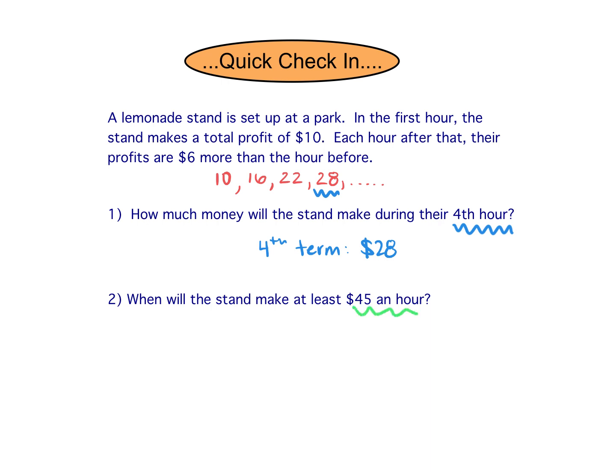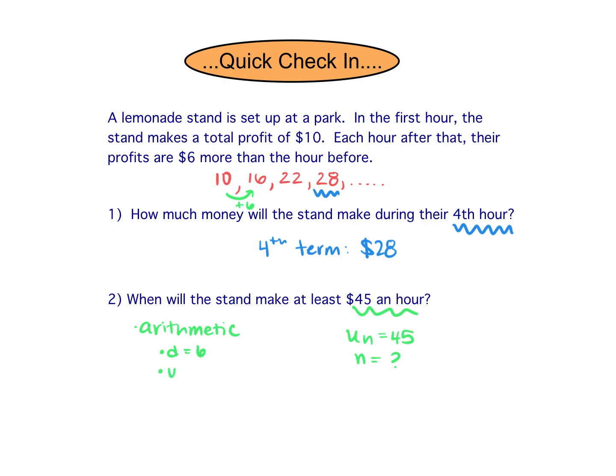I know that I want that specific term to be 45, but I don't know when that will be. I want to figure out n. So first I need to figure out what type of scenario this is. And since our pattern was adding 6, I know that this is an arithmetic scenario. And I know that that common difference is 6.